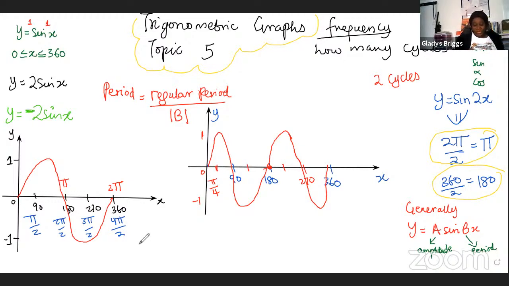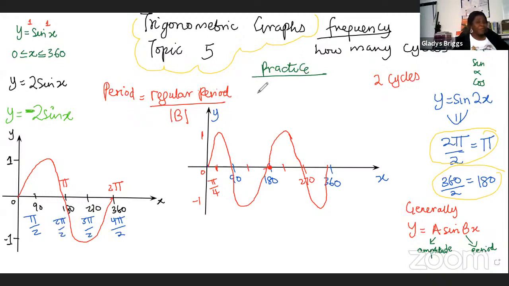Now, your challenge is to draw for me the graph of y is equal to 2 sine 3x. So this is your practice question. You need to sketch for me and send it to me.